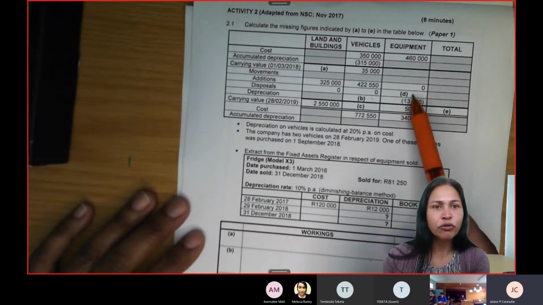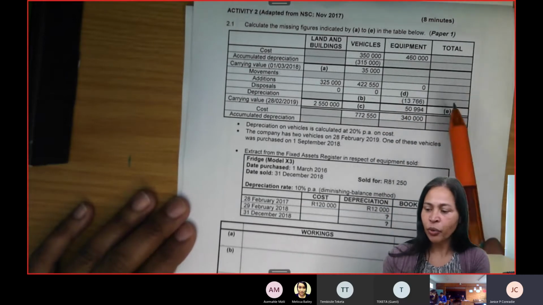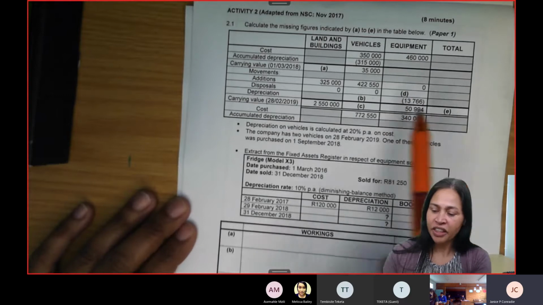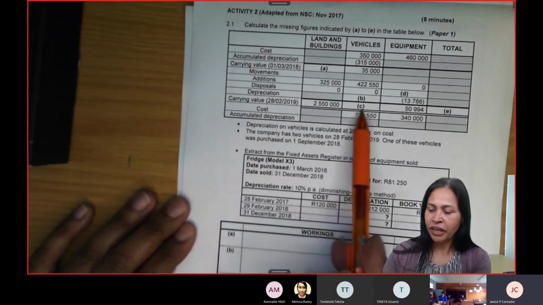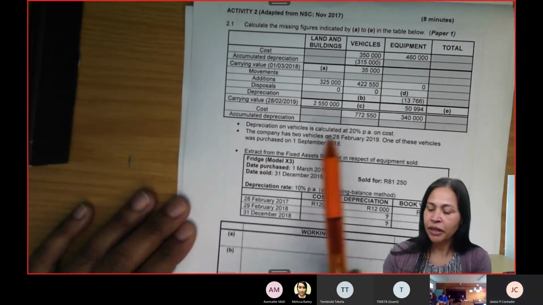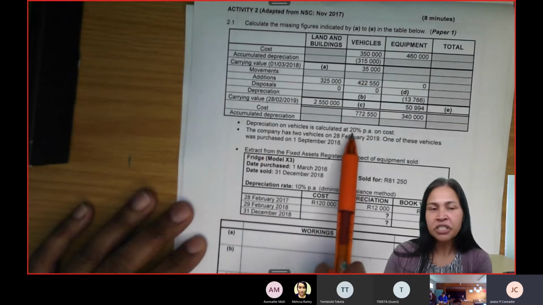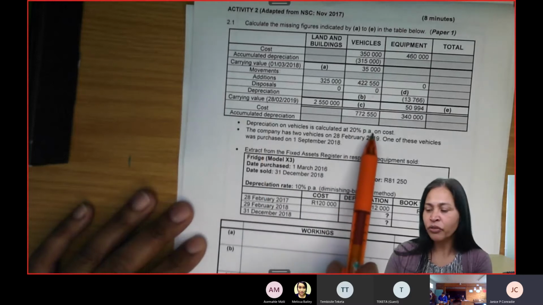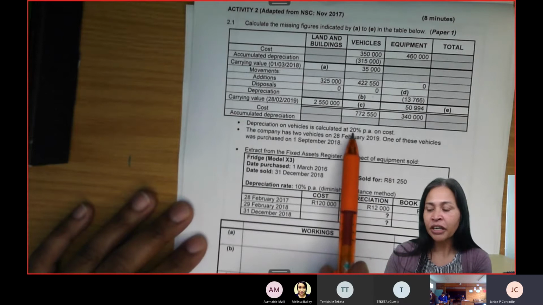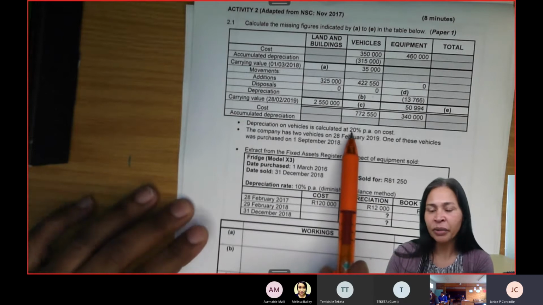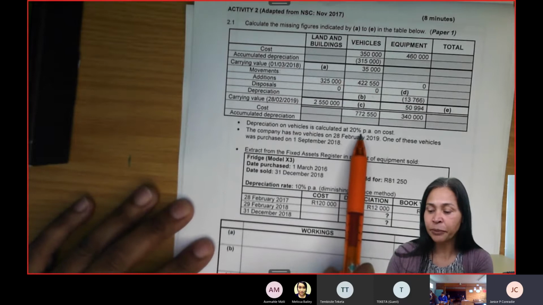D, the disposal for my equipment. And then we also have E, which is the total for my carrying value. Right? Depreciation on vehicles is calculated at 20% on the cost price. We've dealt with cost price now in activity 1 as well as my example number 2. So by now you're able to do that easily.